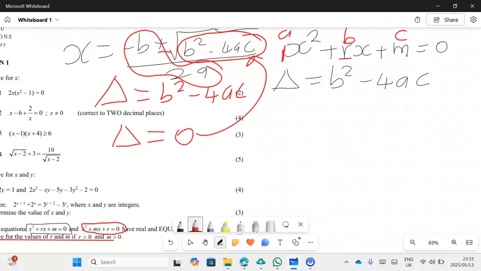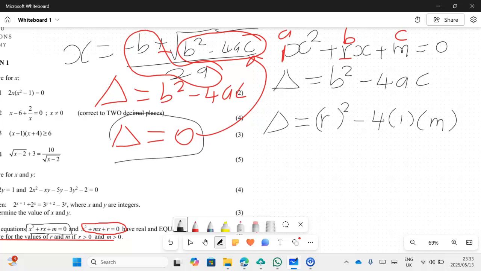So we substitute: the discriminant is b squared, which is r squared, minus 4. What is my a? My a is 1. What is my c? My c is actually m. Remember, we said the discriminant must be equal to 0. So it means our r squared minus 4m equals 0.